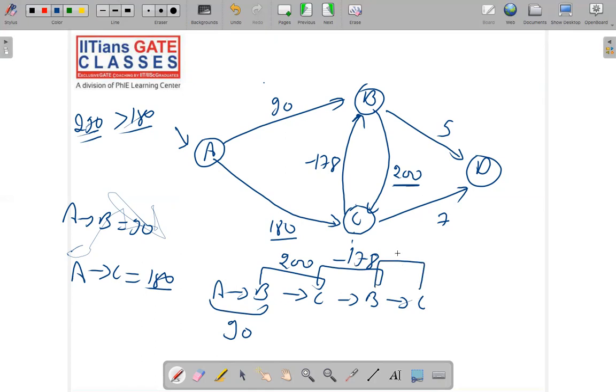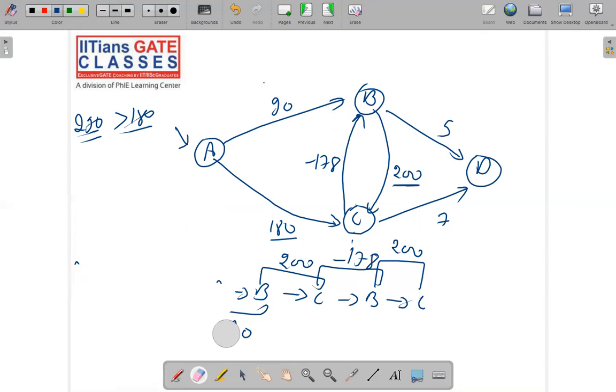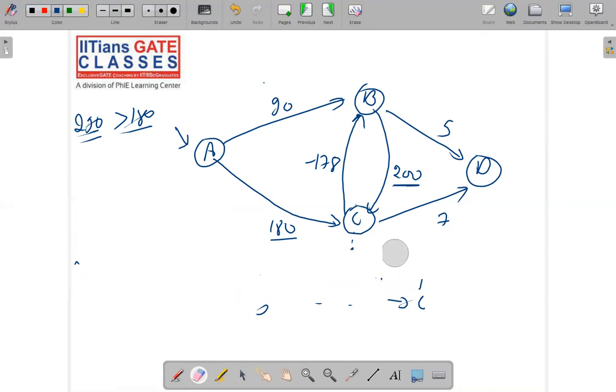No, this is not the way. Sorry, A to B is incorrect. If we go via C, A to B is incorrect.